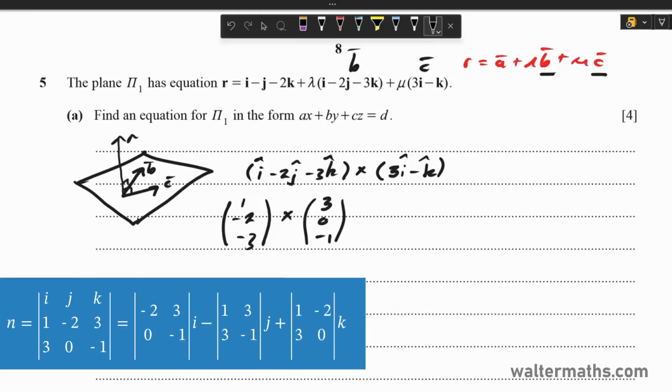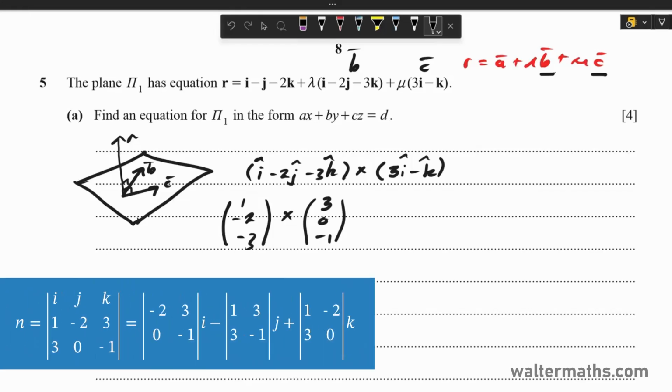So this is what we have right here. I am going to start by closing out the i column, and we do minus 2 times minus 1 minus 3 times 0. So here we will be having 2 minus 0, which is just 2. So we have here 2i.